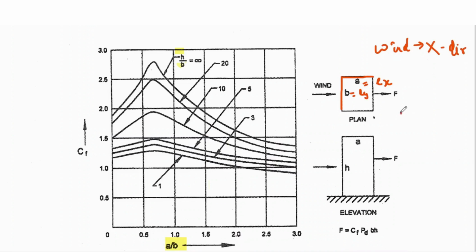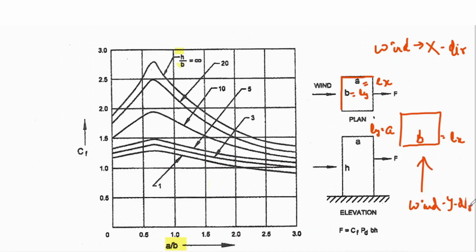But if it's moving in the y direction, then this is the case. So wind is moving in this direction, so this will be your B, and this will be your A. In that case, B will be equal to your Ly, and A will be equal to your Lx, when the wind is moving in y direction.